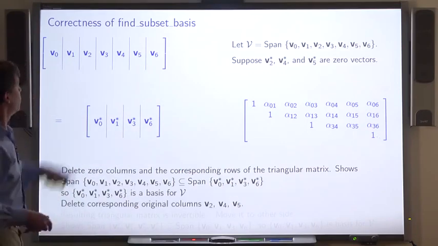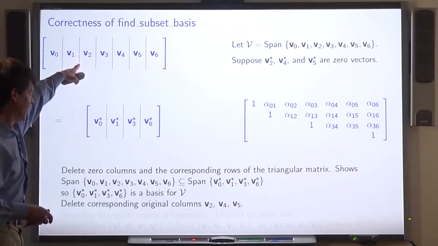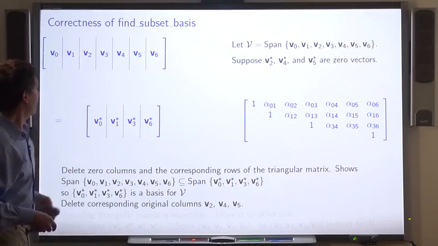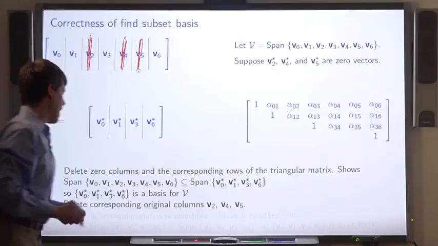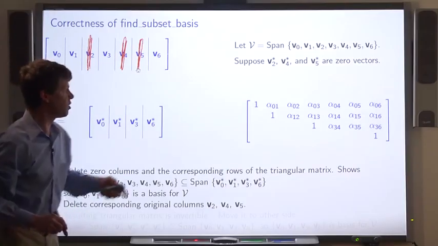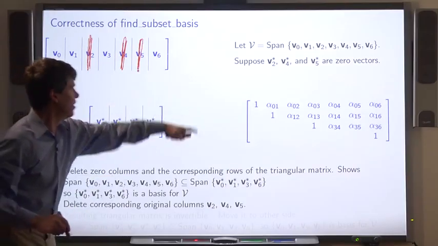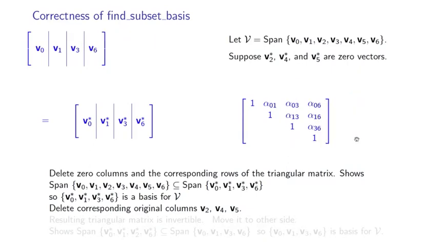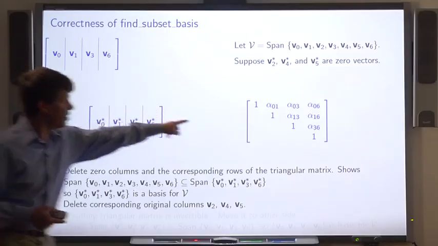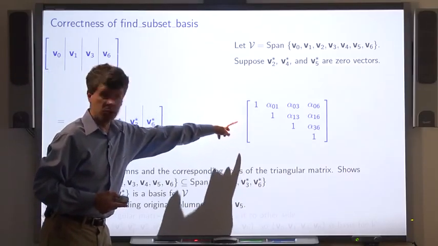Now let's delete the original columns corresponding to the 0 vectors, v2, v4, and v5, and delete the corresponding columns of this matrix. And we get this relationship. Now, this triangular matrix is invertible.